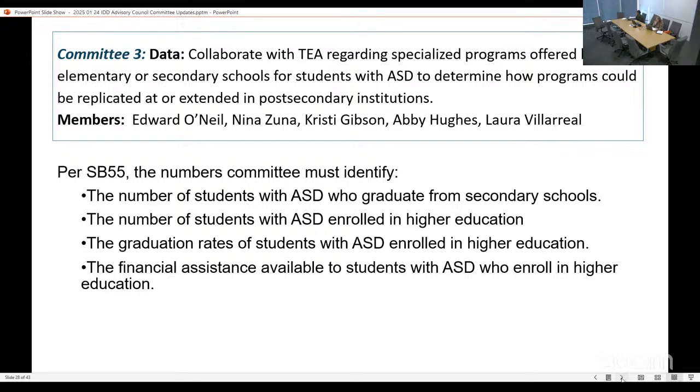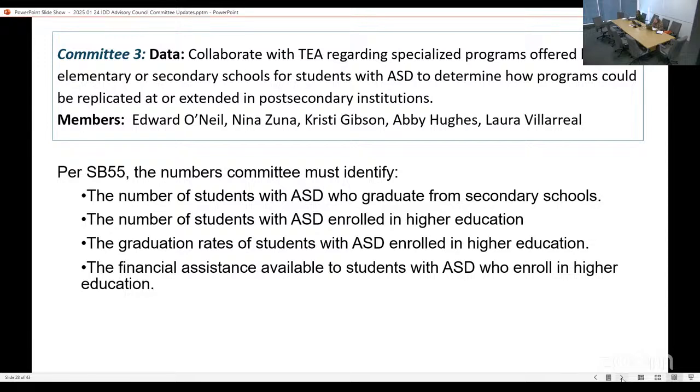Per Senate Bill 55, thank you, Senator Zafrani, the data committee must identify the number of students with ASD who graduate from secondary schools, the number with ASD who then enroll in higher education, the graduation rates of students with ASD enrolled in higher education, and the financial assistance available to students with ASD who enroll in higher education.